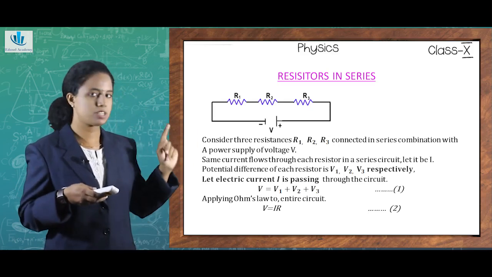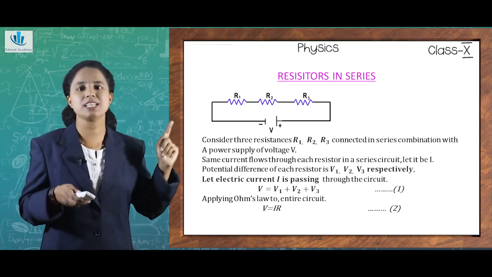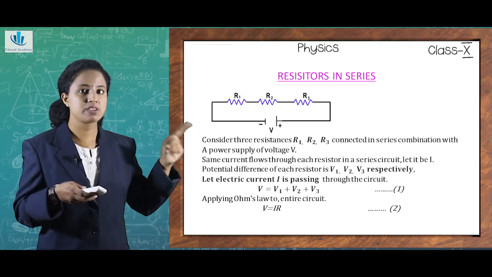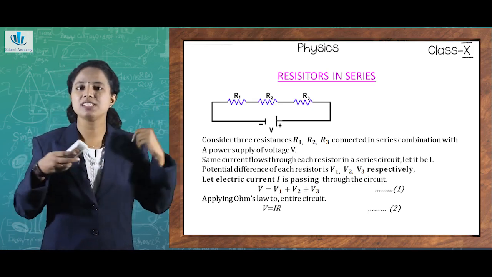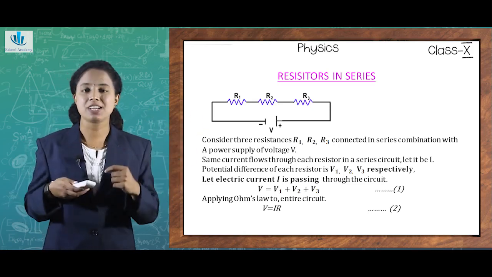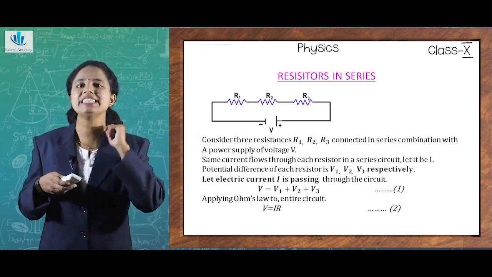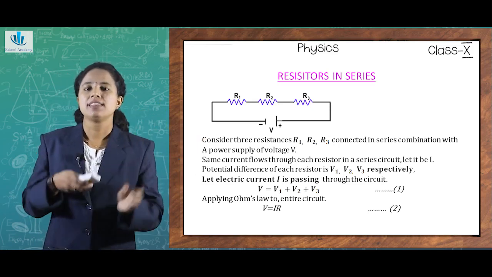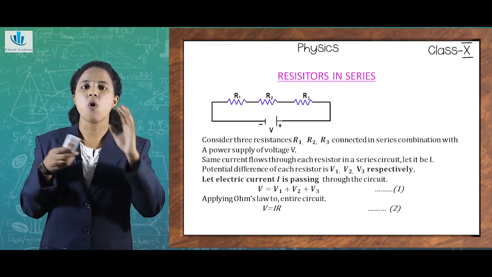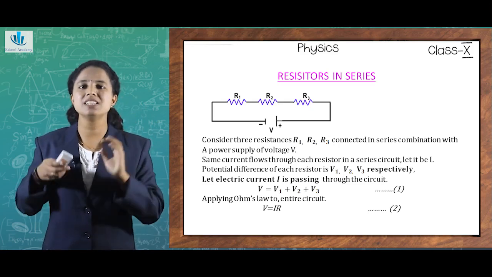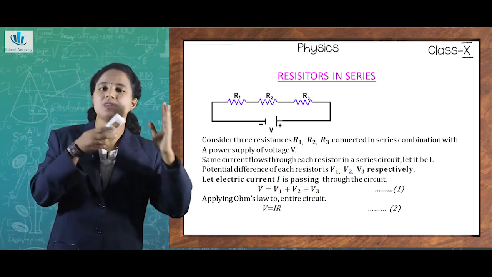That is, the potential difference of the first resistor R1 is V1, of the second resistor R2 is V2 and across the third resistor R3 is V3. So, the final potential difference of all these resistors is V equals V1 plus V2 plus V3.